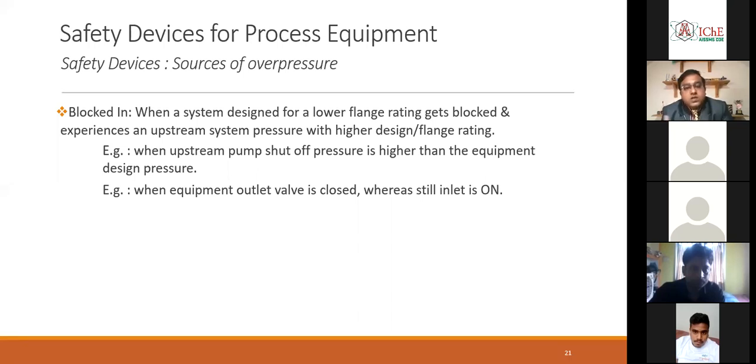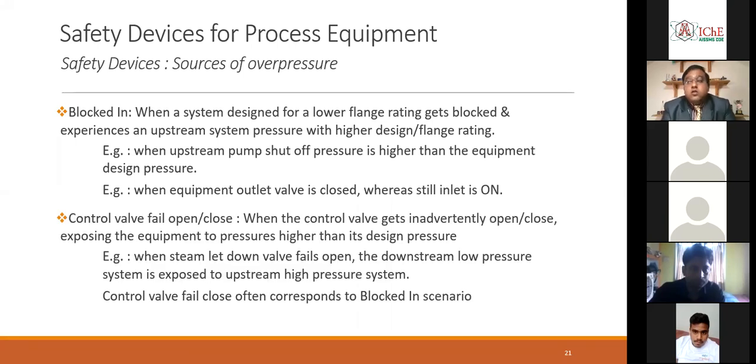But if your system is already designed for the pump shutoff or a higher pressure, you don't need to proceed with this case. So like this, one by one, you take the scenario, analyze, and see whether it is still applicable to your system. If no, forget it, go to the next case. If yes, go and calculate the relief load.